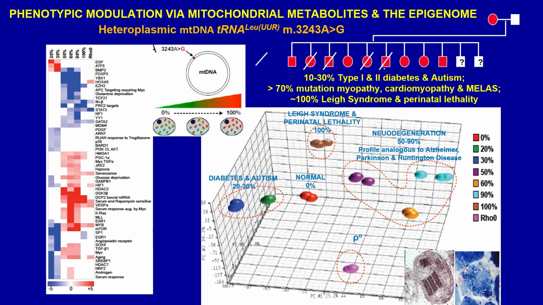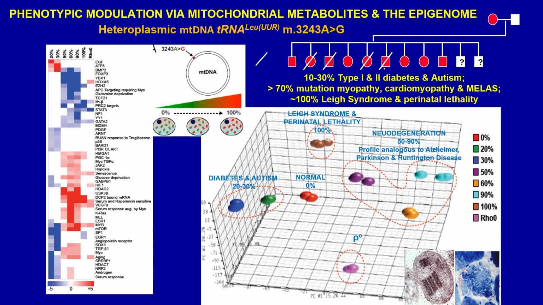So in fact, if this is a cell with normal mitochondrial DNA, this is its transcription profile. If this is the cell with 10 to 20% mutant, this is autism, this is neurodegenerative disease, this is lethal Leigh syndrome.